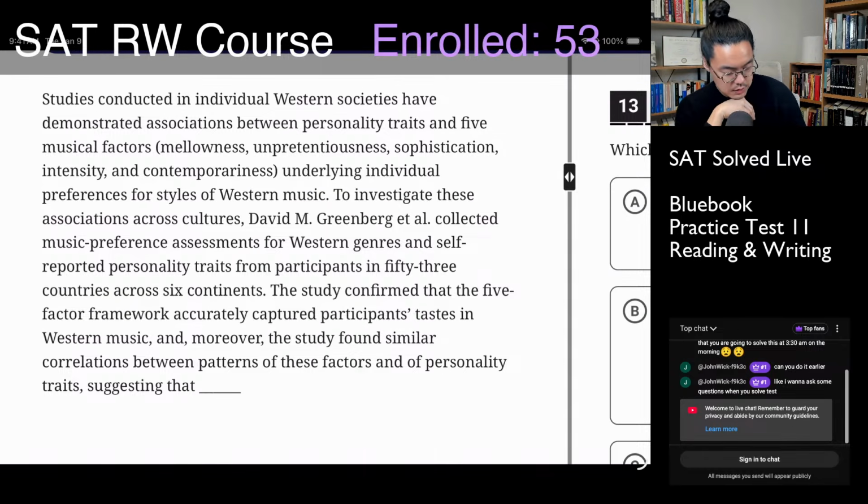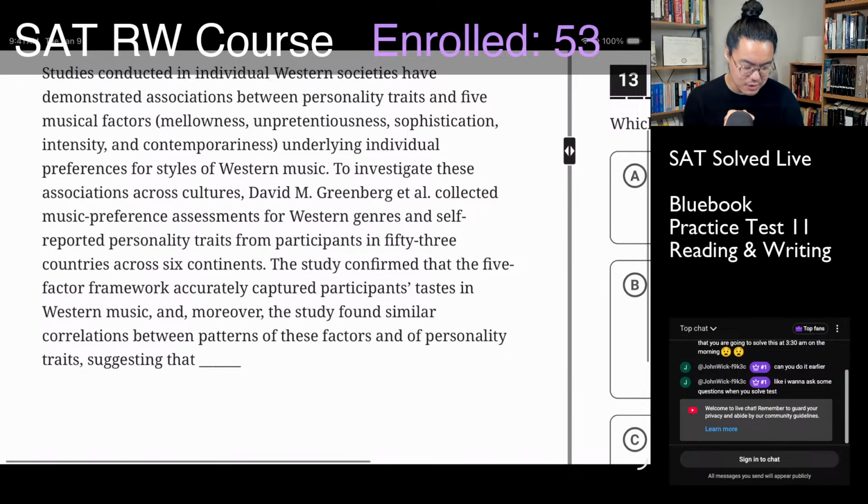Studies conducted in Western societies found associations between personality traits and five factors, MUSIC. Okay, that's funny, that's so cute. Underlying individual preferences for certain styles of music, MUSIC. So that's like pseudoscience when they do that.